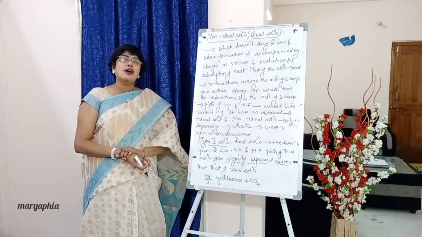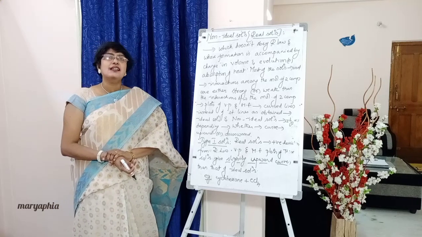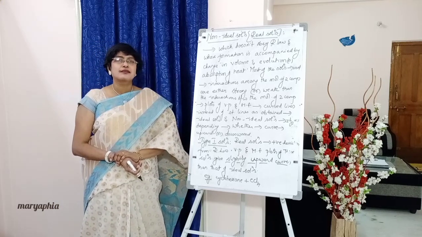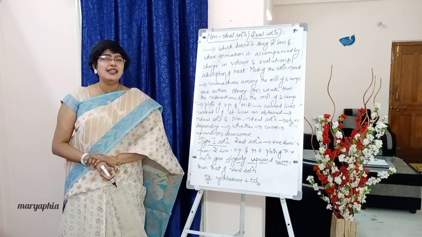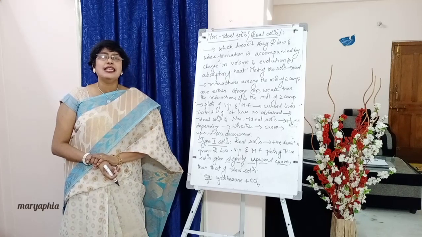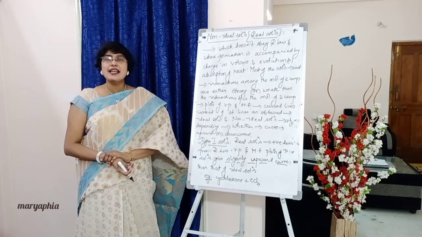Next point below write down. The plots of vapor pressure and mole fraction. There we have seen straight line plots, but here these plots do not give straight lines. Instead, we obtain curved lines, students.